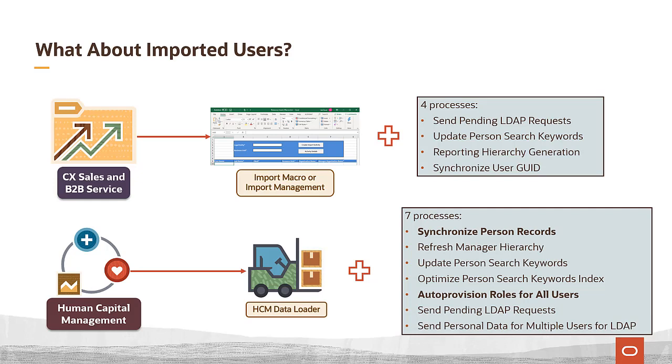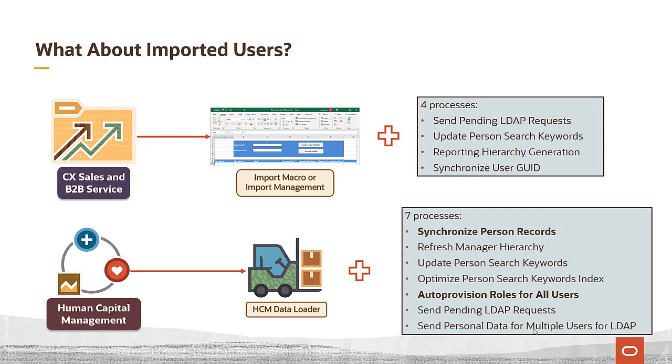You refresh the manager hierarchy, update the person search keywords, optimize the person search keywords index, and then you need to auto-provision the roles for all users. You did not need to auto-provision the roles for sales because sales knew about auto-provisioning. Then, after you've auto-provisioned the roles, you need to send the pending LDAP requests because you've assigned roles to users, and you need to send personal data for multiple users for LDAP.